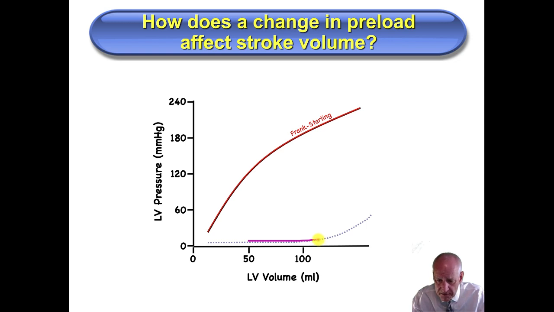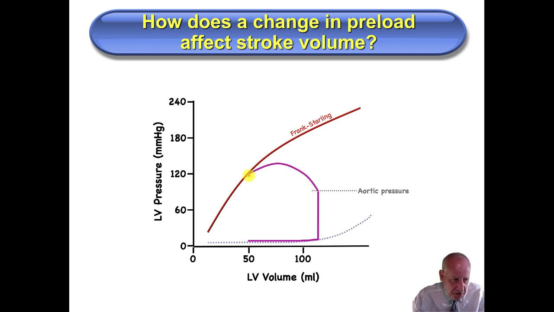And at that degree of stretch, when the ventricle contracts, it has the ability to pressurize the blood to maybe 190 or 200 millimeters mercury. However, as soon as the building ventricular pressure exceeds the aortic diastolic pressure, the aortic valve will open and the ventricle can eject.